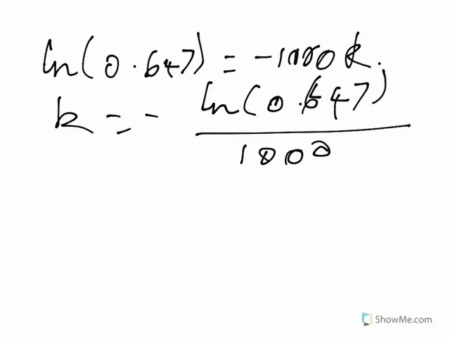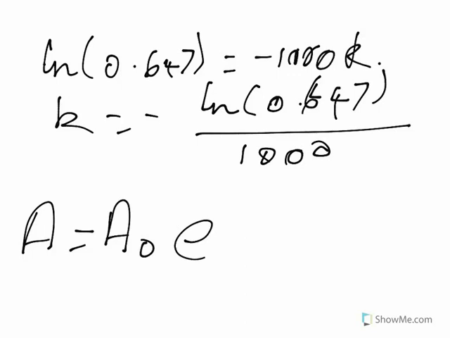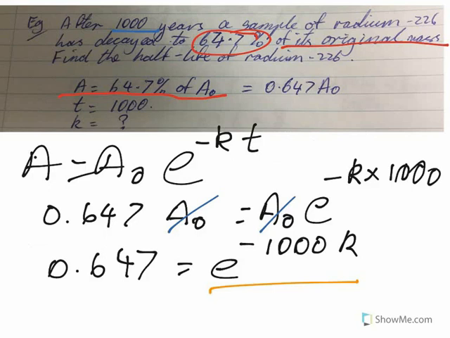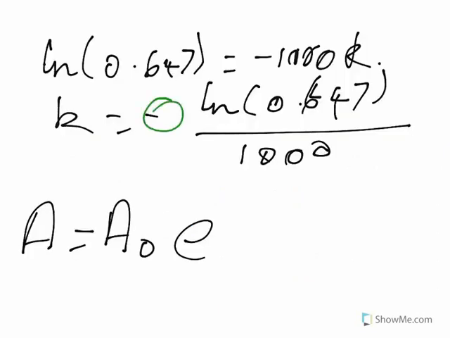All right, so what we end up then is that A equals A0 e to the, when we go back here, I put a negative here, and we found that k also has a negative in it.